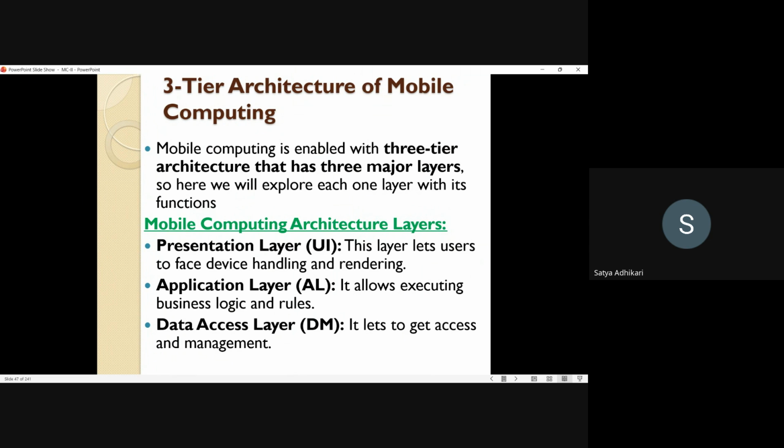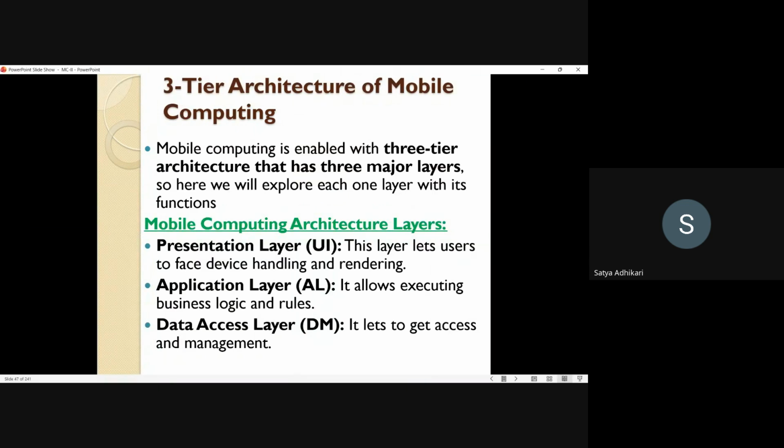It does not contain the actual data; the actual data is stored in another layer. But the data is presented in the presentation layer so that the user can view it. To present data, some rules and business logic are required, and these are contained in the application layer.